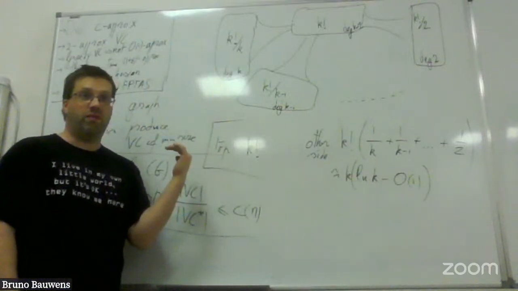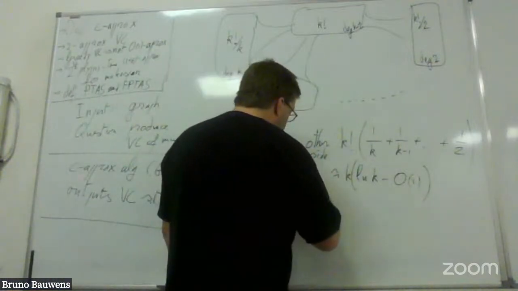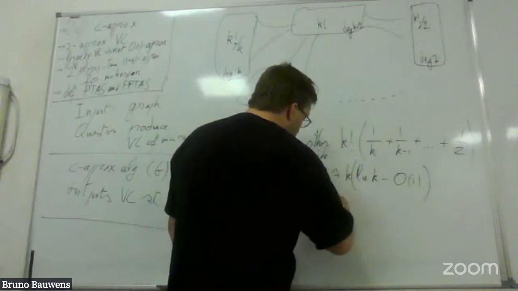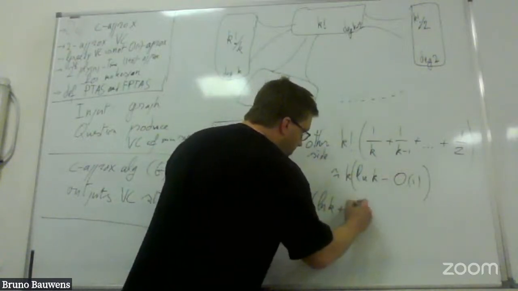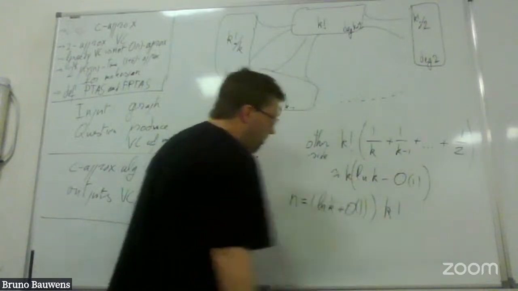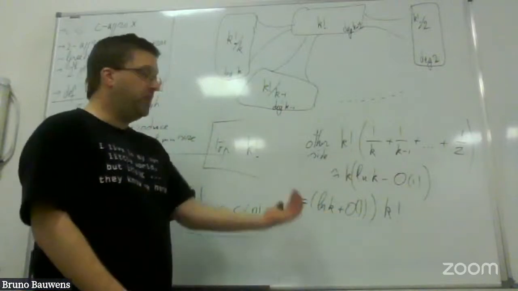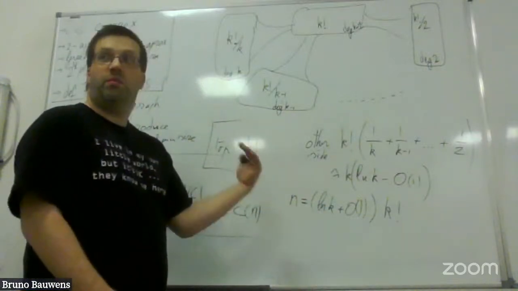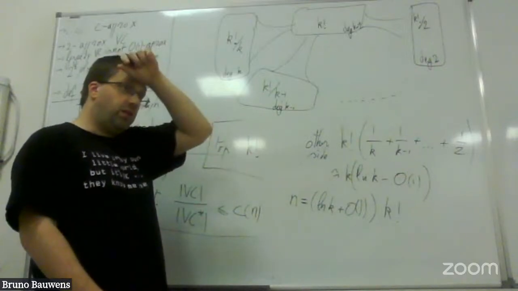We know that n, the number of nodes, is ln k plus O(1) times k factorial. So basically k factorial. When we take the logarithm, then we can use the Stirling bound.